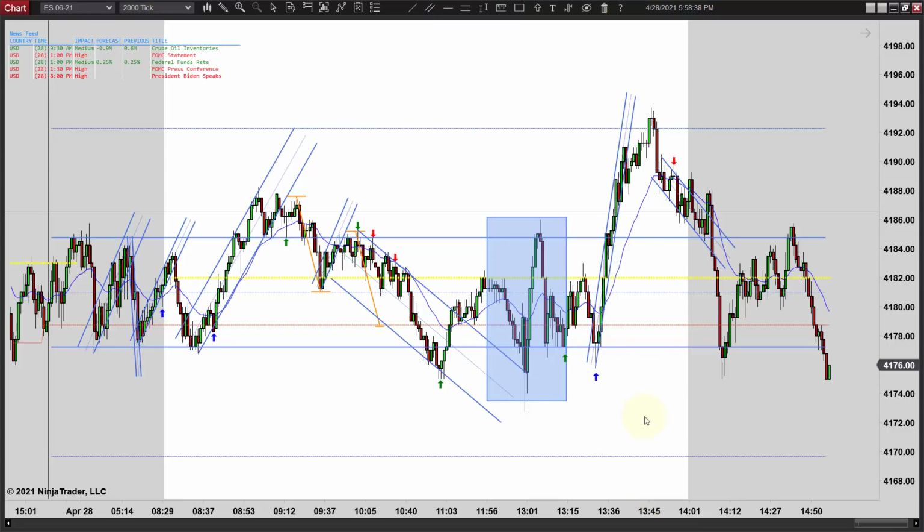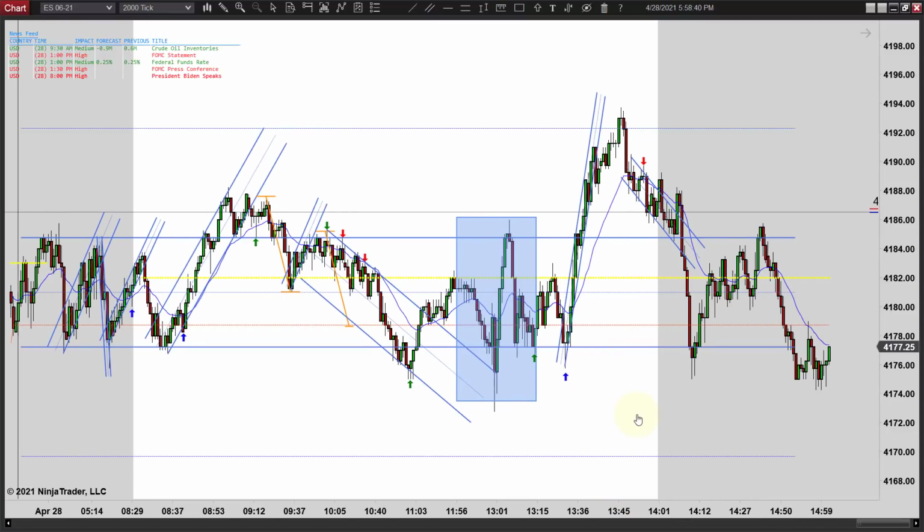I can show this to you over and over for years. Now there are some times where this thing goes completely haywire and then takes off on a long move one direction or the other. But generally when that happens, it's because the market was caught off guard with a rate increase or a rate decrease or something of that nature.